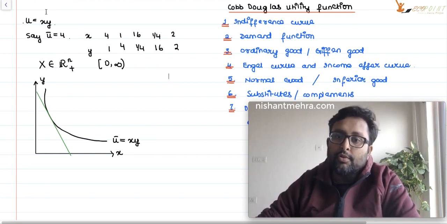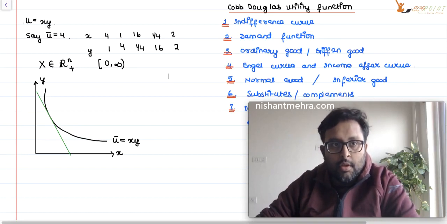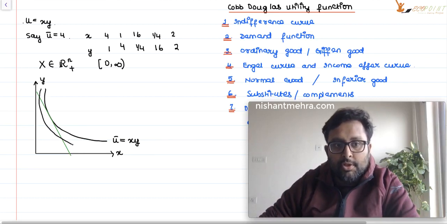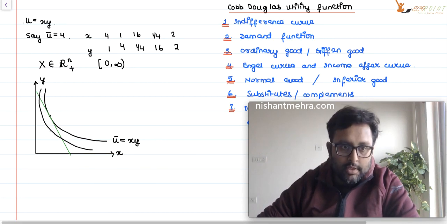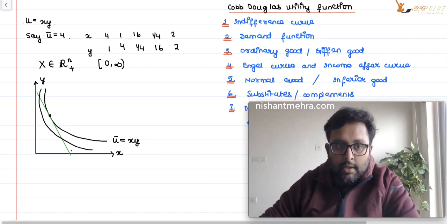Supposedly this budget is telling you that you have 100 rupees as an income. Now you can spend. Is this the highest indifference curve given this budget line? No, I can still go further till this point. So this is the tangency point between the indifference curve and the budget line.